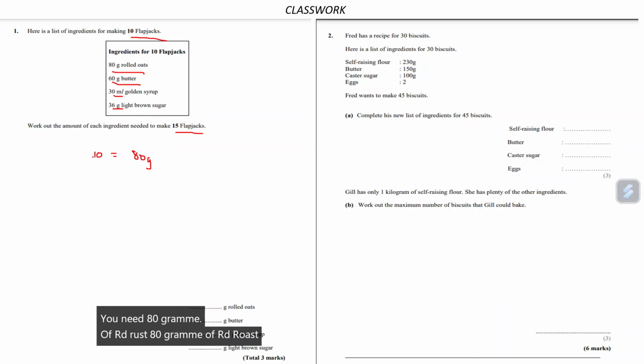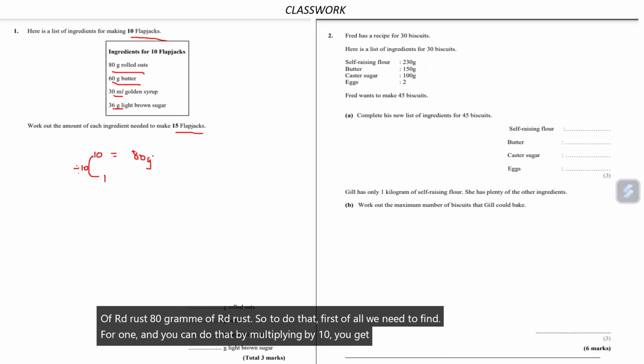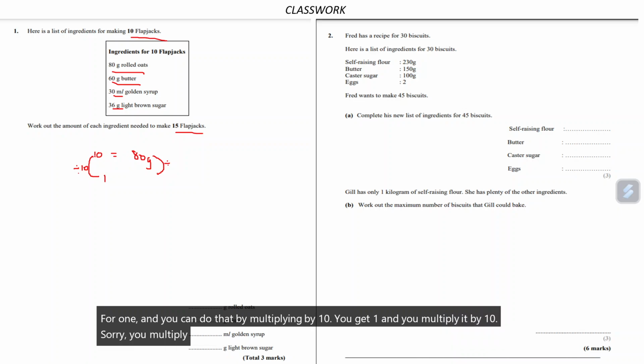To do that, first of all, we need to find the amount for 1, and you can do that by dividing by 10. You divide here by 10 to get 1, then you divide here by 10 also.